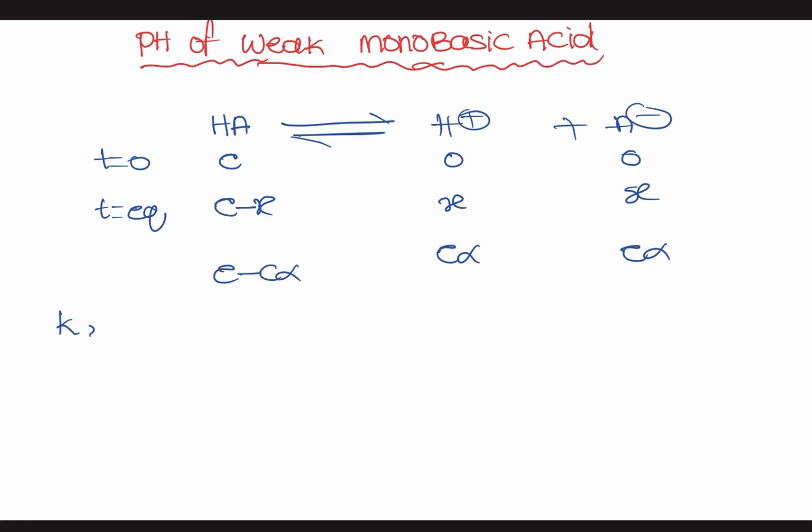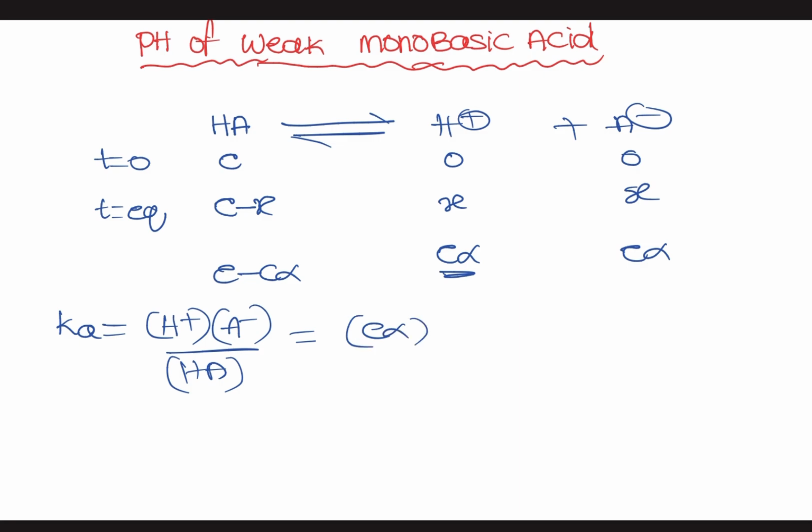From this, for the ionization constant Ka, we write products upon reactants: H+, A- and HA. Now write it in terms of concentration. The H+ concentration here is equal to C alpha. The A- concentration is also C alpha. The HA concentration is equal to C minus C alpha.